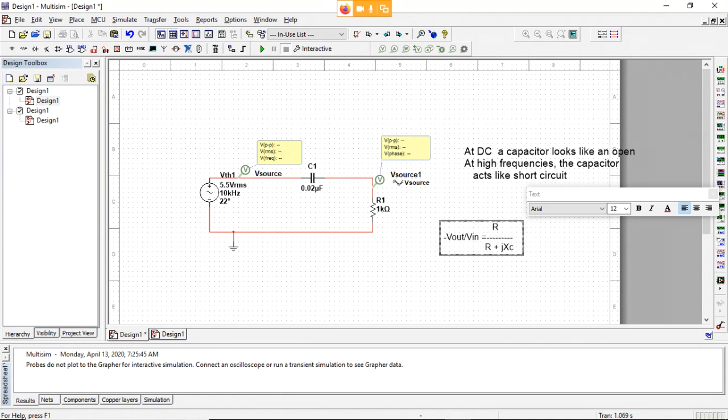the voltage out divided by the voltage in. We're looking at the ratio. How much voltage do we put in? And then if we put in this voltage, how much are we getting out? So that's what we're trying to do here: we're feeding a signal.